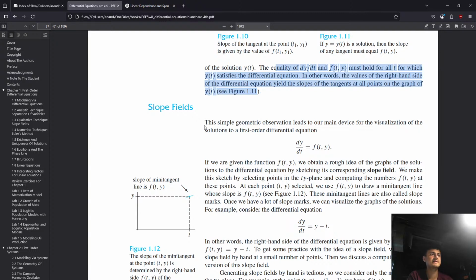We make this sketch by selecting points in the ty plane and computing the numbers f at these points. At each point ty selected, we use f of t and y to draw a mini tangent line whose slope is f. These mini tangent lines are also called slope marks. Once we have a lot of slope marks, we can visualize the graphs of the solutions.